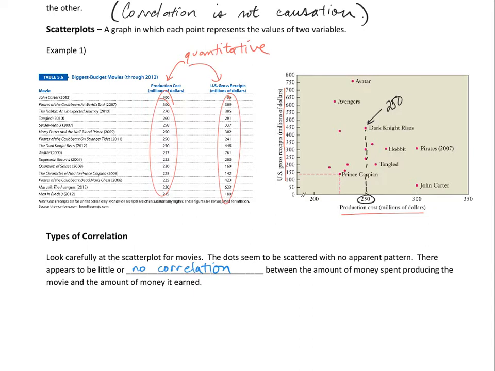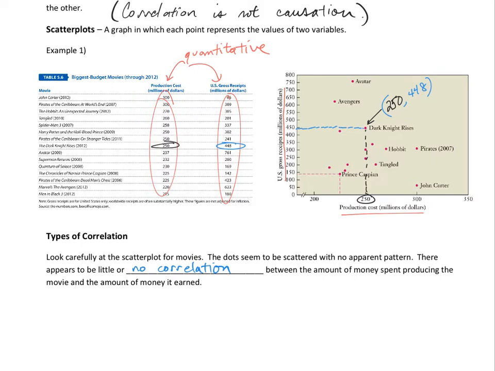Let's see if I'm right over here. Where is it? Dark Knight Rises. Oh, look at that. 250 million. Yep. All right, so let's take a look at the other part of this point, the y-coordinate. Looks like it is about exactly 448 million. That's the y value. Oh yeah, look at that. The other value for the Dark Knight was 448 million. Right on the nose. I can't believe I got that exactly right.